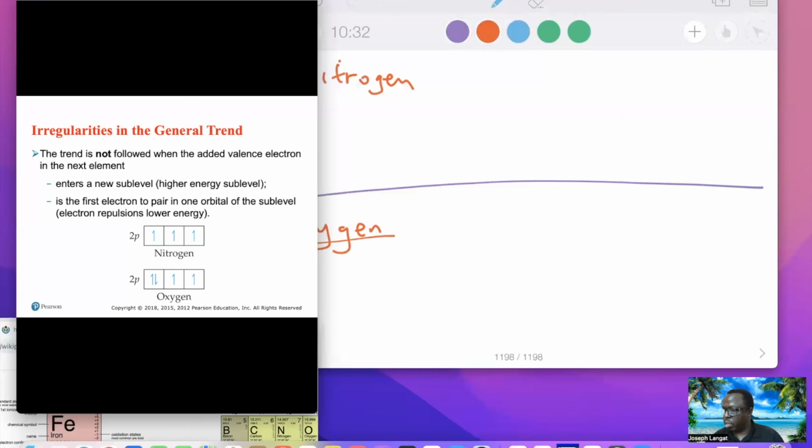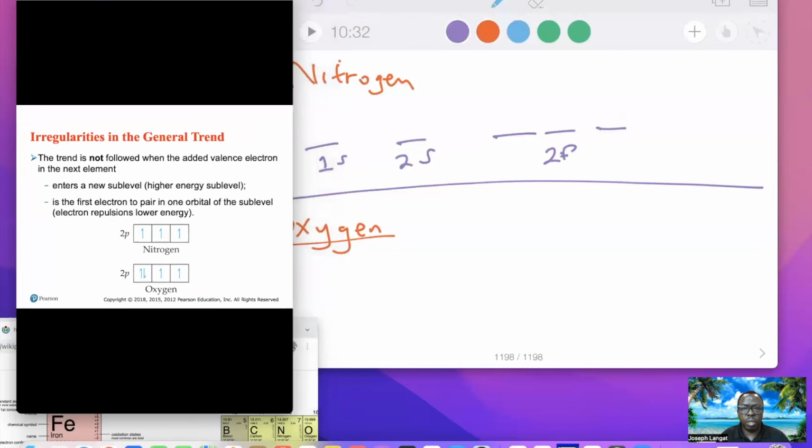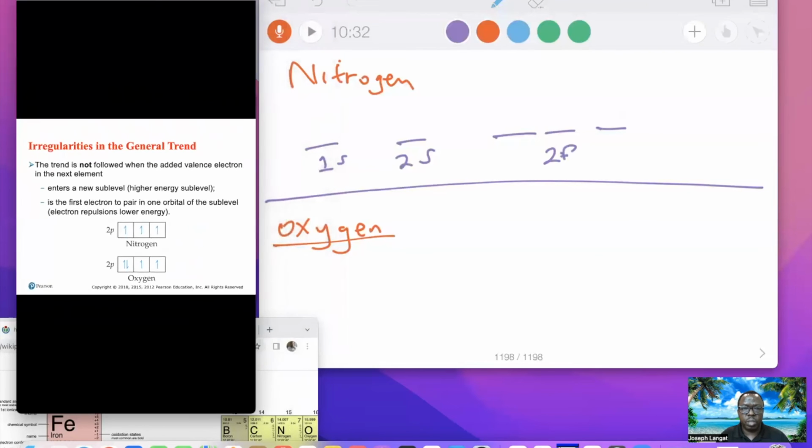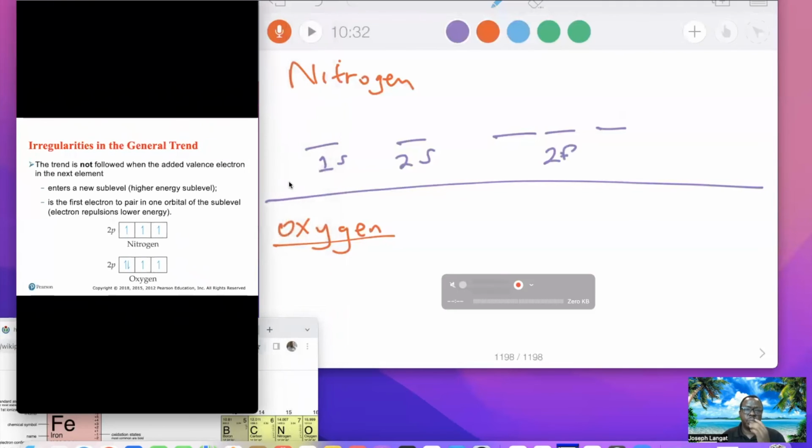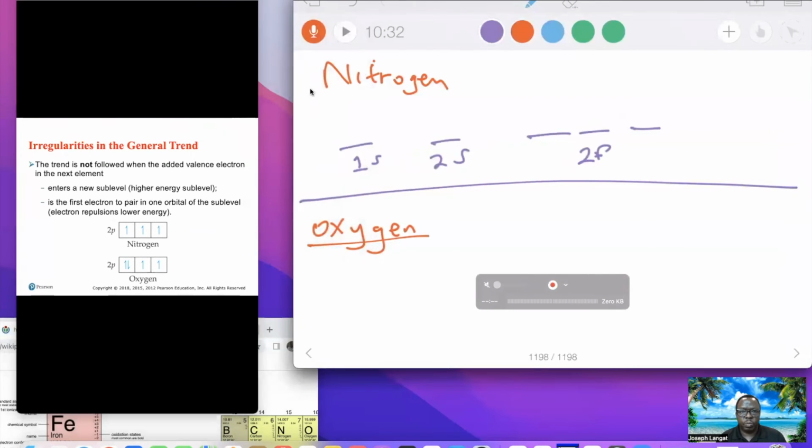All right, so oxygen, there is 1s, there is 2s, and there are three orbitals in the 2p sublevel. So oxygen, see here, oxygen, all right, we should have here, let's move this.